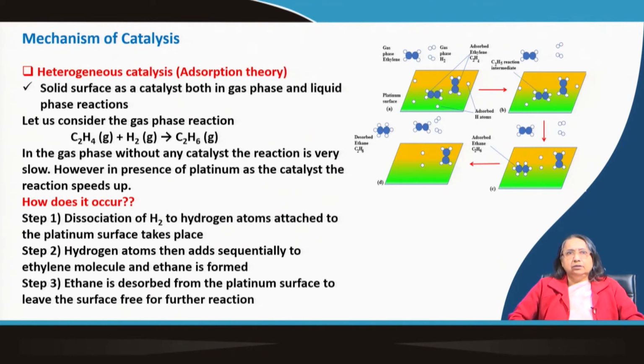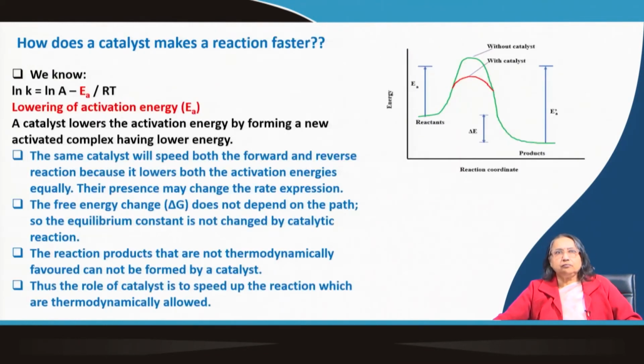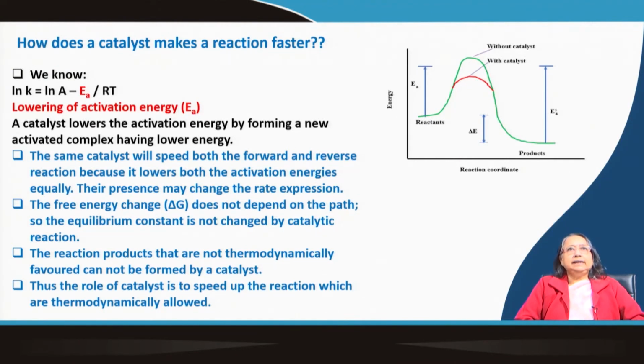Now, how does a catalyst make a reaction faster? I told you already that it goes through another route. This is the Arrhenius equation you have already seen when I discussed chemical kinetics in module 3. Here E_A is the activation energy.